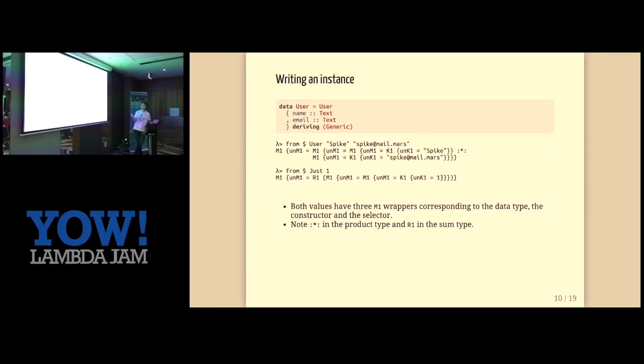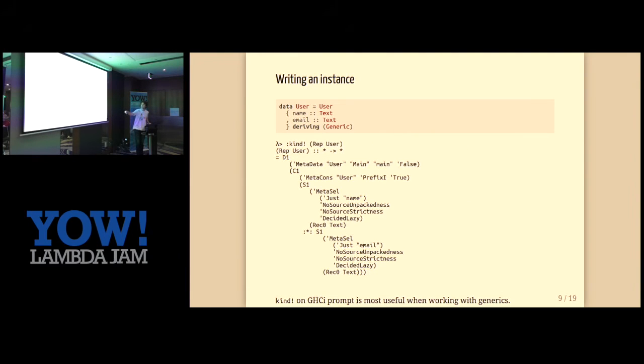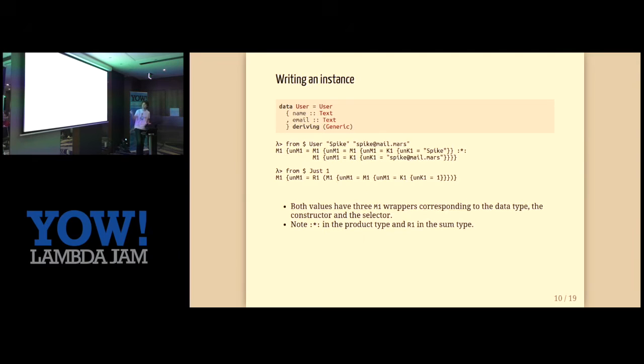And we get this data type representation where the meta is not in the value, it's just at the type level. So all this metadata is just on the type level, and the actual value, you can see that there are only two pieces of value, name and email. All the rest is the metadata that was there from the data type, constructor, and selector. And this is the actual value. Again, selector and the actual value.